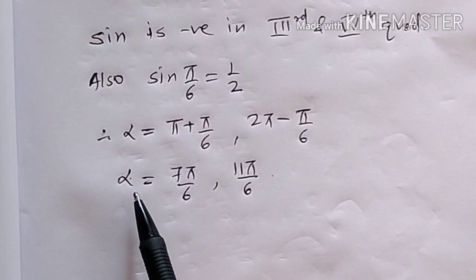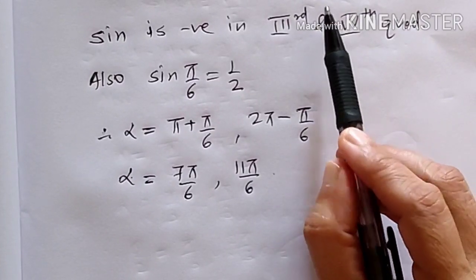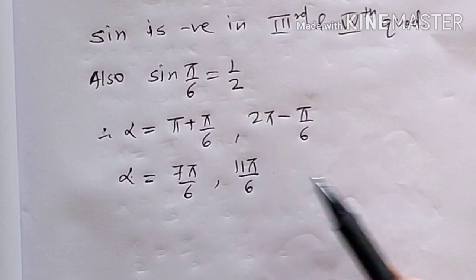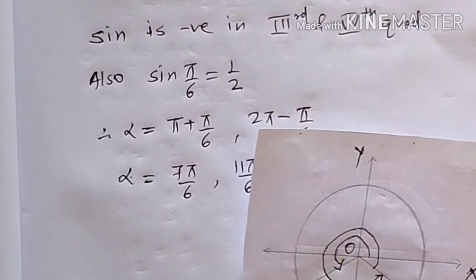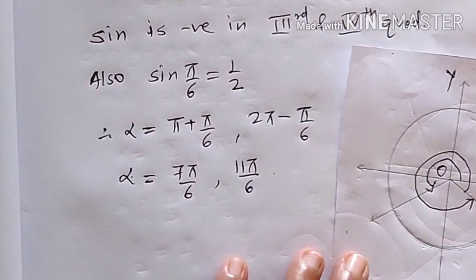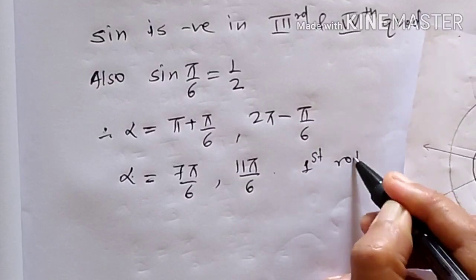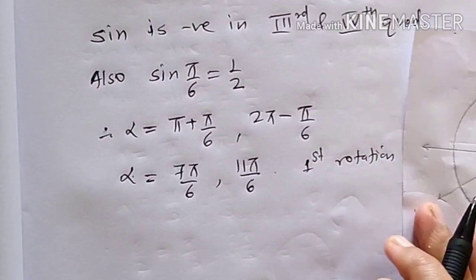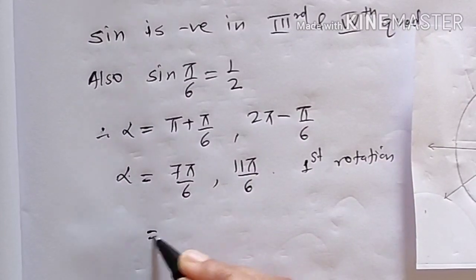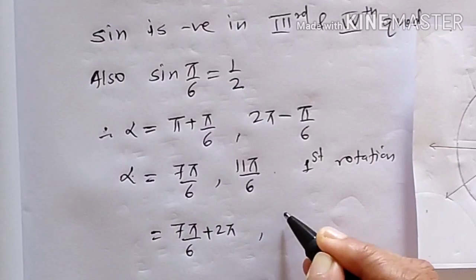We know that alpha lies between 0 and 4 pi. So can we consider a few more points here? This is in one rotation; in the first rotation we got these values. If I consider one more rotation, then alpha is equal to 7 pi by 6 plus 2 pi, or 11 pi by 6 plus 2 pi.